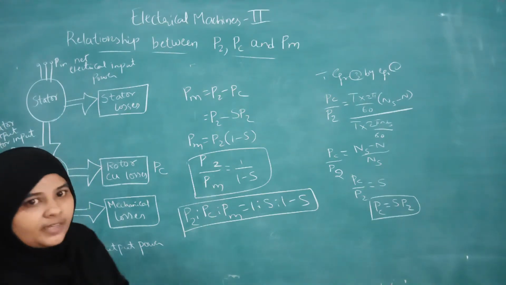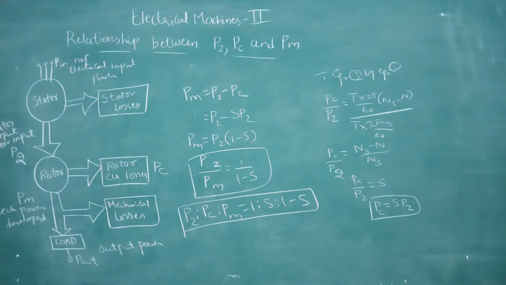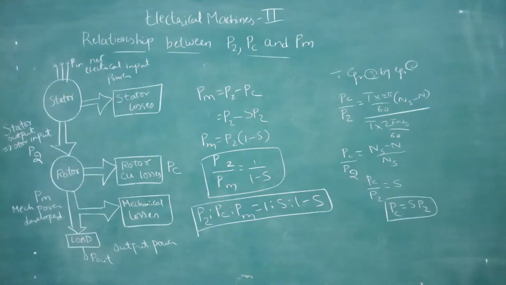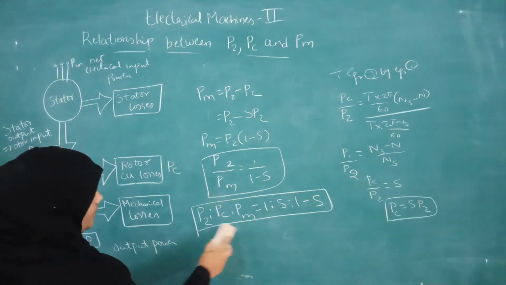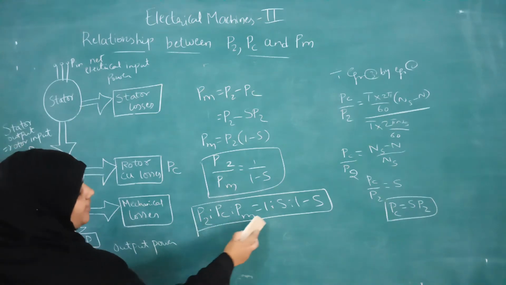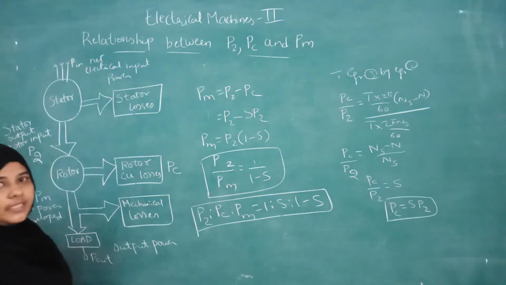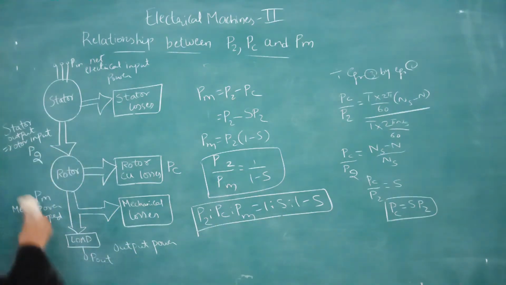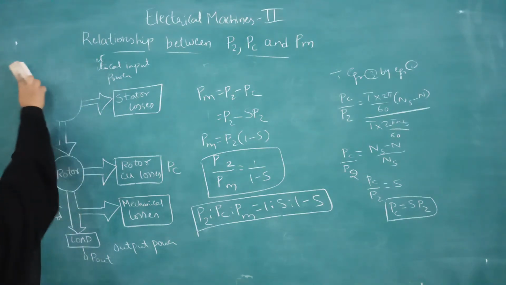Now let us do one numerical based on this topic. So we got the ratio between P2, PC and PM as 1 is to S is to 1 minus S. We will do one numerical now.